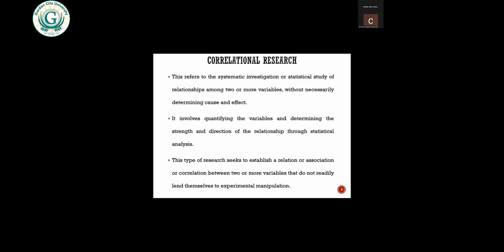So most of you would not like biostatistics, but it is something you should be aware of. You should know how to do your statistics, because a lot of you will be doing correlational research.